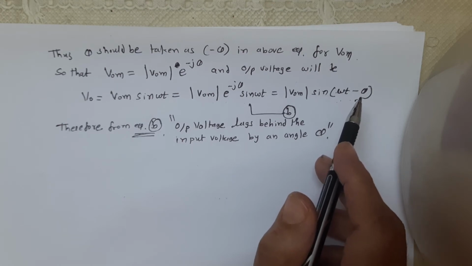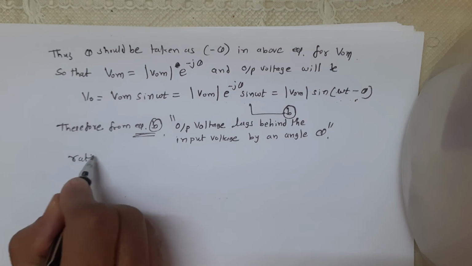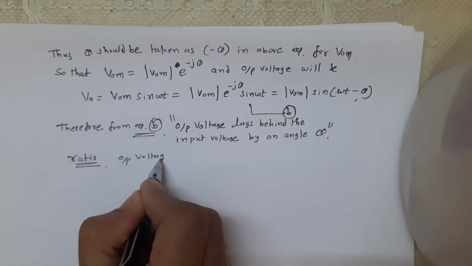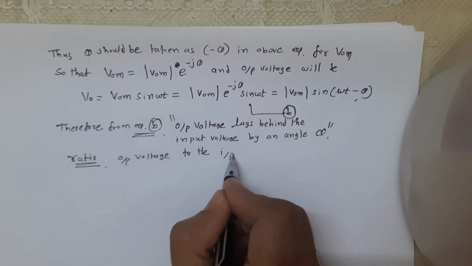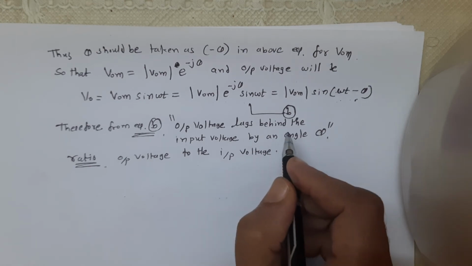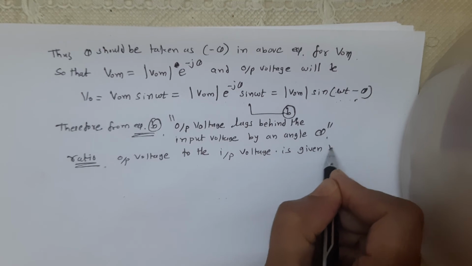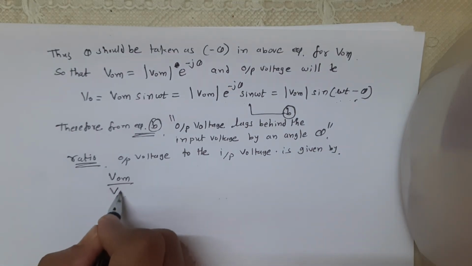Further, the ratio of the peak value of the output voltage to the input voltage is given by VOM upon VIM.